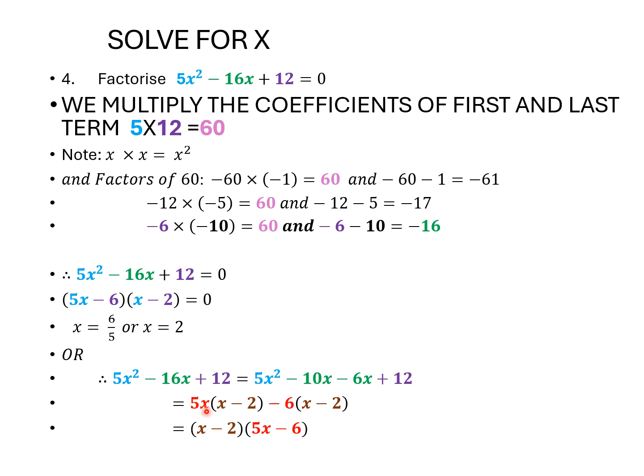Then what's left in front of the brackets, 5x minus 6. Right, so if you can see this and you look at that, I have the same factors. My answer would stay x equals 6 over 5 or x equal to 2. Right, and there's still a third way, but I've not done these two ways to refresh. Right, let's look at the last problem.